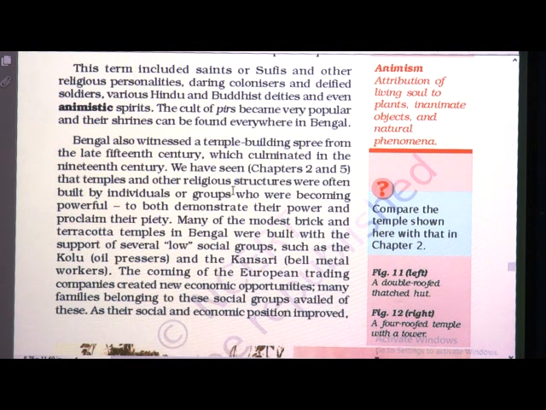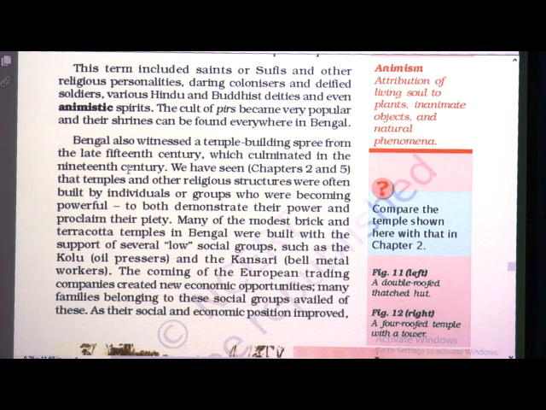Bengal also witnessed a temple building spree from the late 15th century, which culminated, meaning reached its highest development, in the 19th century.